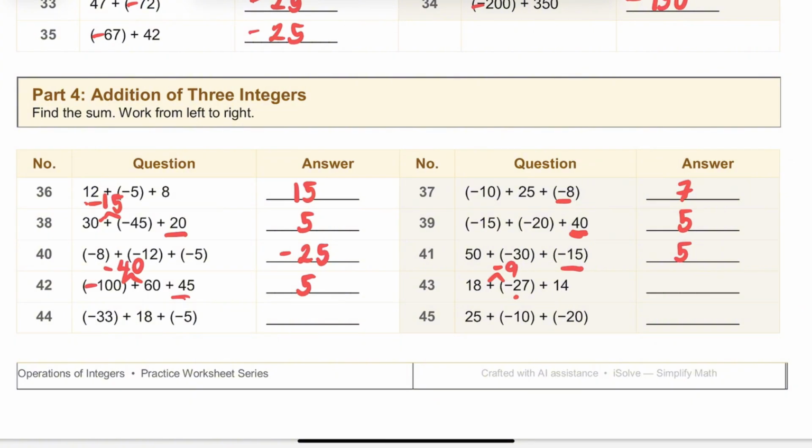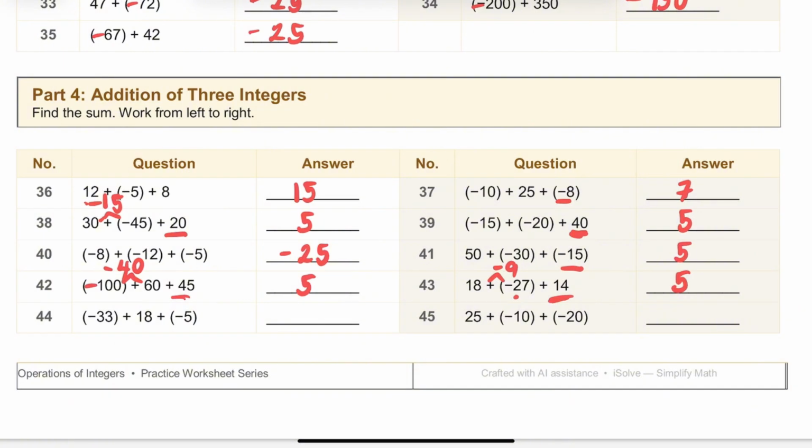And then negative 9 plus 14, as you can see, they have different signs again, so we're going to minus them. 14 minus 9 is 5. And then the sign will be positive because 14 is bigger than the 9, and 14 is positive.